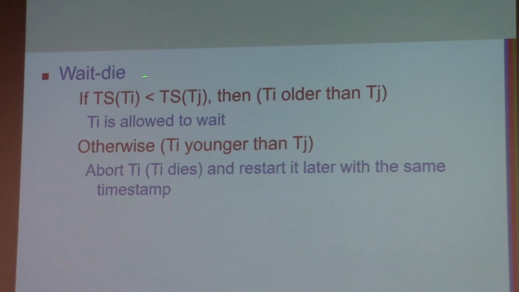Then compare the timestamp. If this one is old, keep it, allow it. One of them can wait. However, if this one is younger, which means recently started, we roll back, terminate the transaction. Either wait or die.